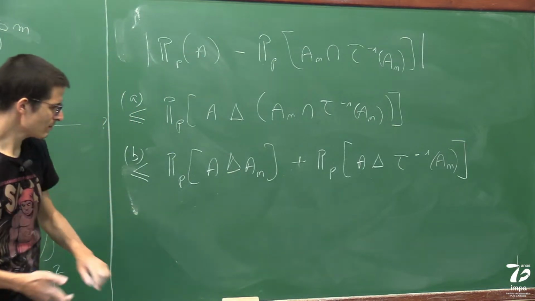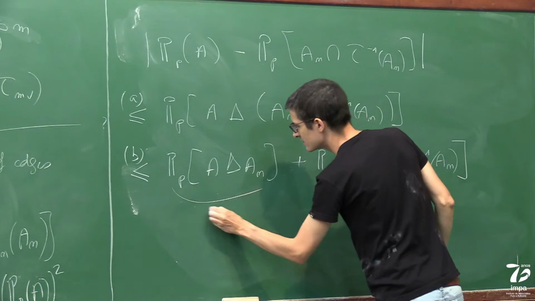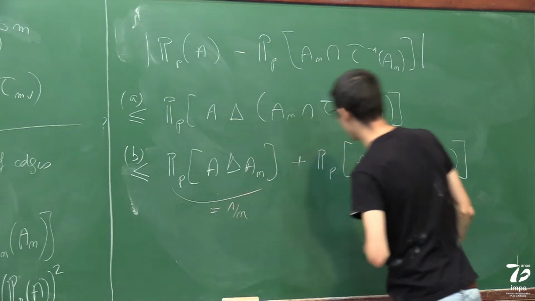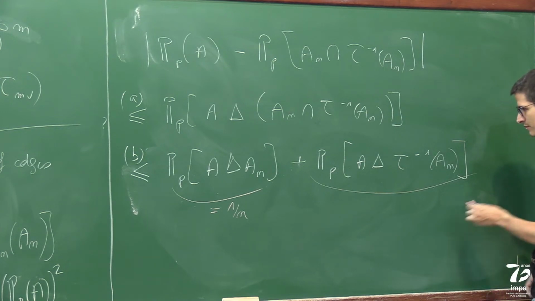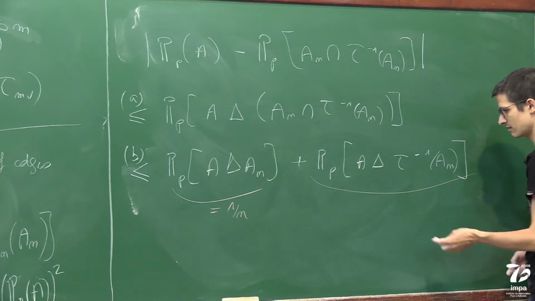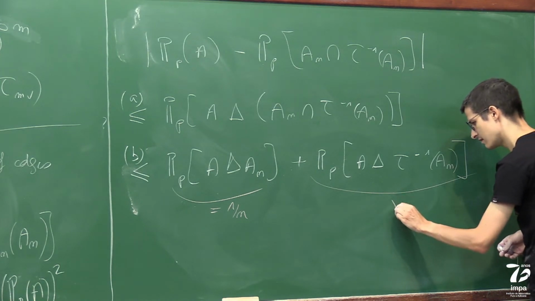Now this thing is equal to 1 over n. So maybe I should just worry about this one, call it B star.